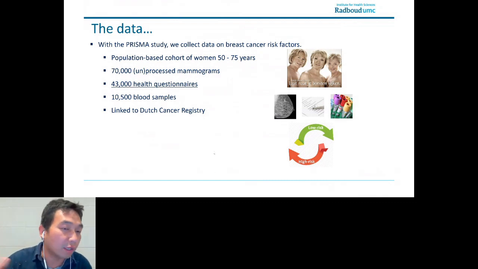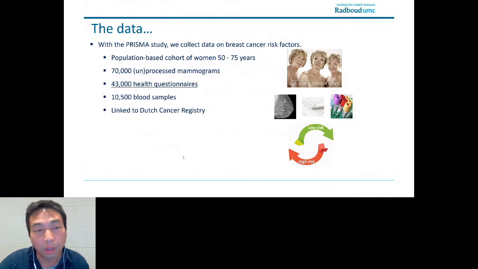We also collected 10,500 blood samples. All these data are supposed to link to the Dutch Cancer Registry. For this talk, we are mainly working on the 43,000 health questionnaires. So this is the data we are working on.